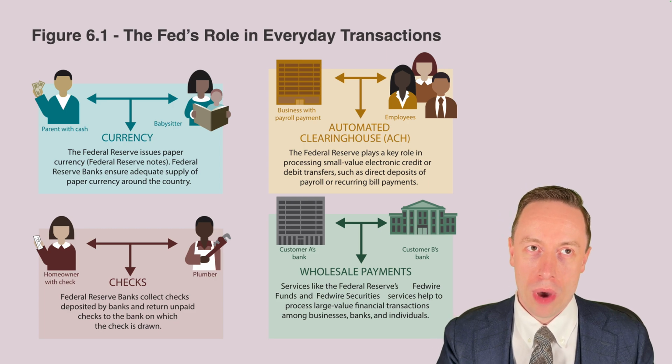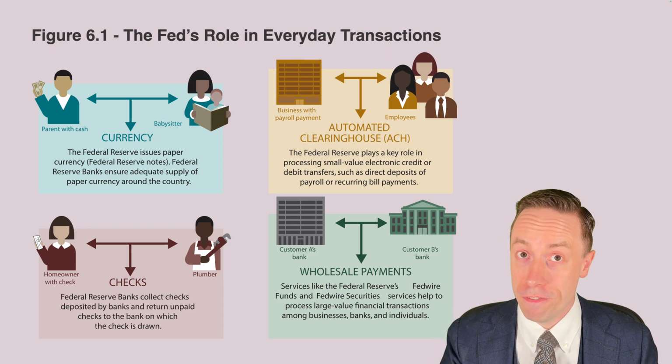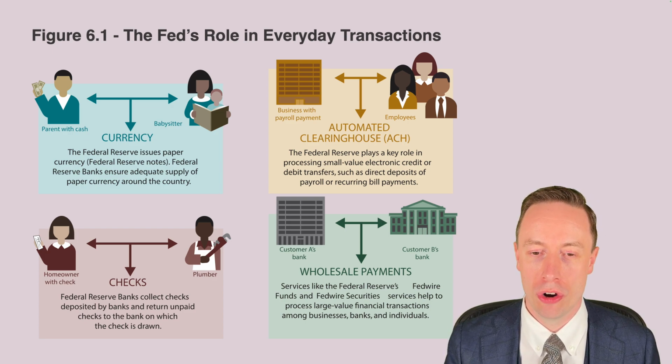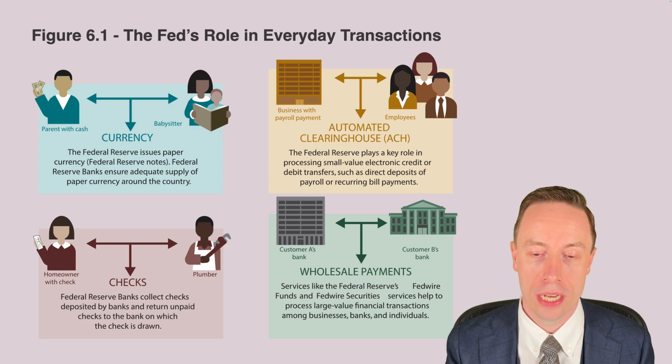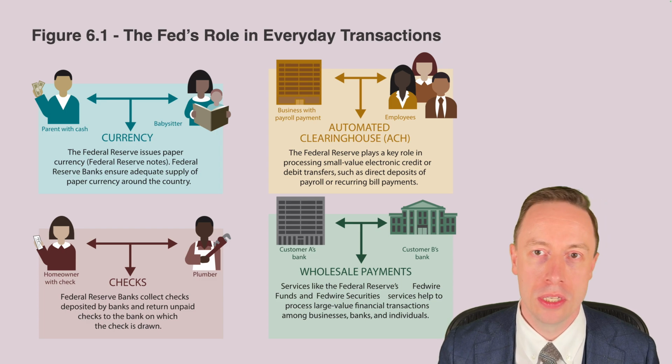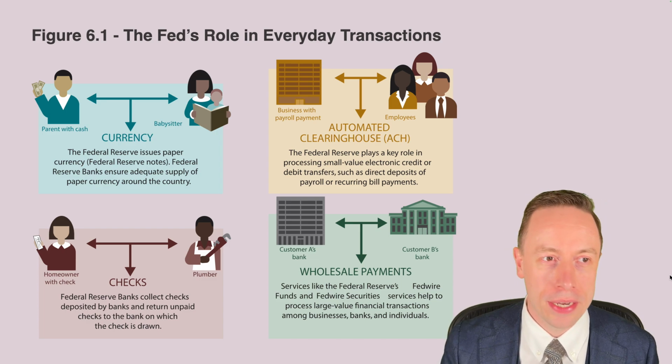And they have to arrive more or less fast, like within the same day. And these are wire transfers, and they are operated through the Federal Reserve's FedWire system. Either funds or certain types of securities can be sent through the FedWire system as well. So let's just look at a couple of those.